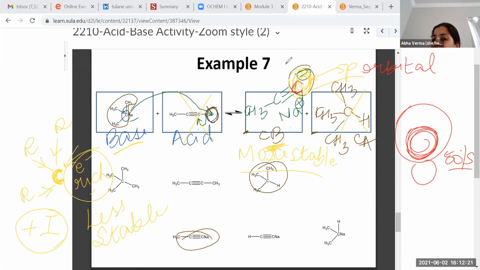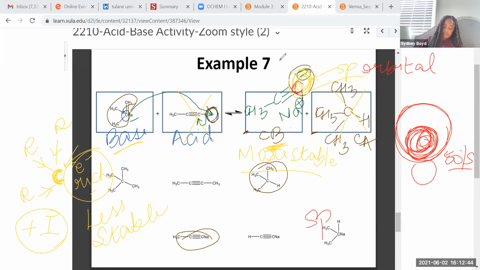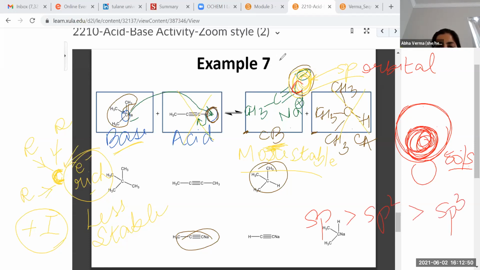But an s orbital is spherical, there is a spread of electrons in all directions, but close to the nucleus. Go ahead, Sydney, you were saying something? So the sp orbital is more stable than the sp2 and sp3. Exactly. That's why the sp carbon hydrogens are more acidic than sp2 carbon hydrogens, than sp3 carbon hydrogens.